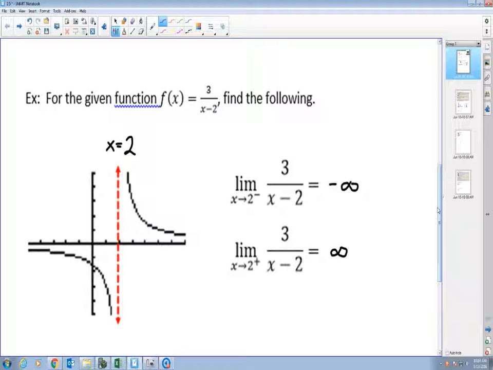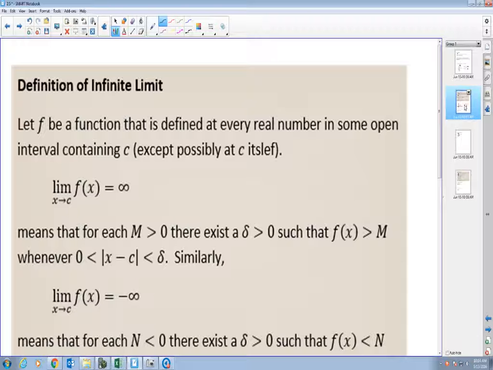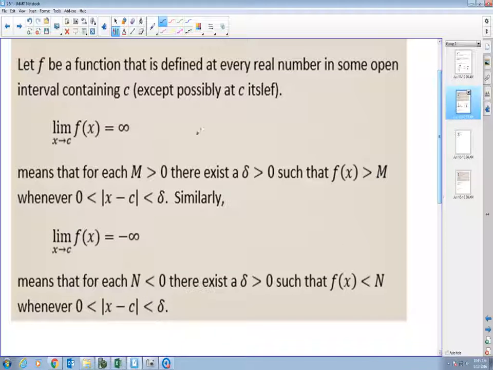So here is the formal definition of infinite limits. Let f be a function that is defined at every real number in some open interval containing c, except maybe at c itself. The limit of the function as x approaches c is equal to infinity.